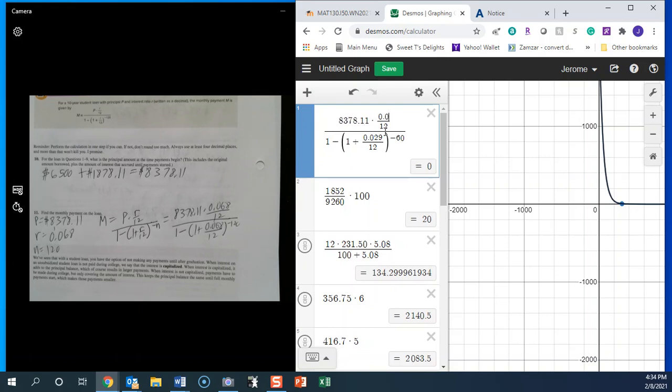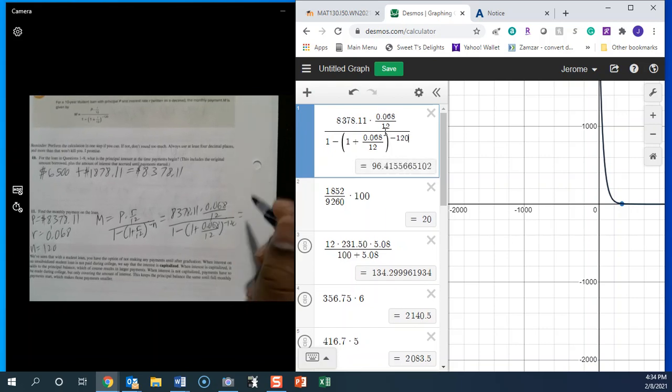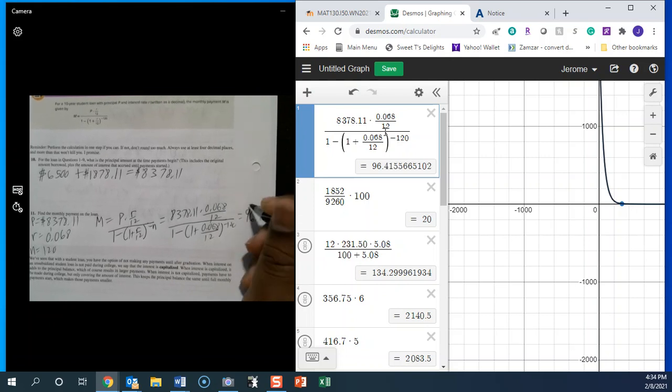Then the numerator, we'll put in our 68. The denominator is 68. Then that'll be a negative 120. So our monthly payment will be $96.42.